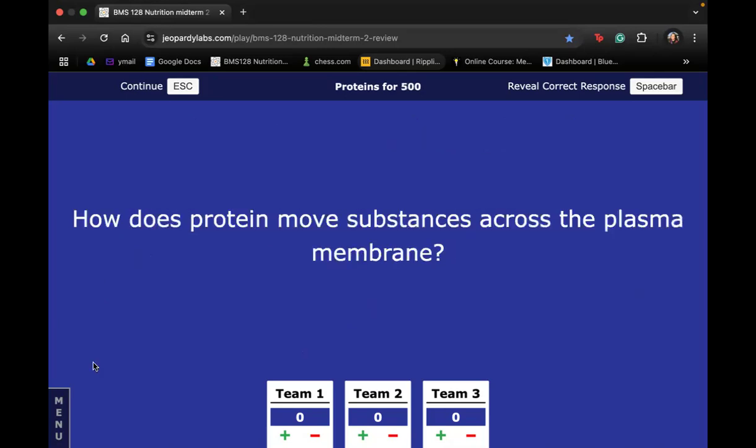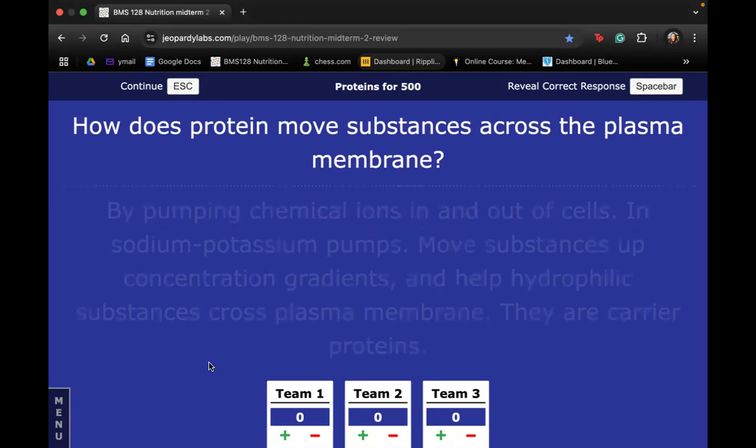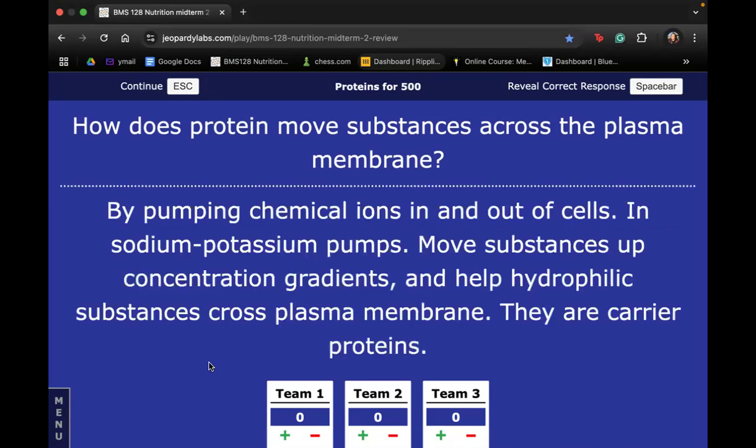How does protein move substances across the plasma membrane? Doesn't it change shape? They also pump chemical ions in and out of cells in sodium potassium pumps.